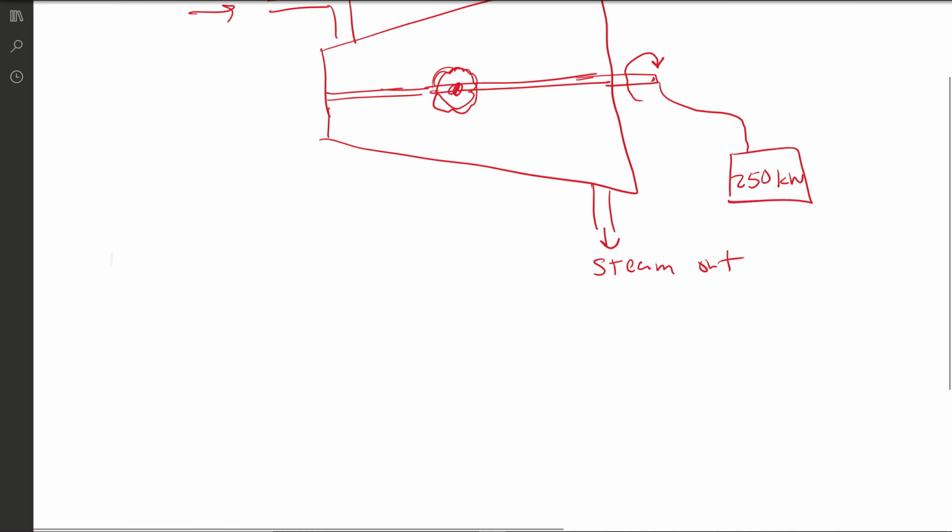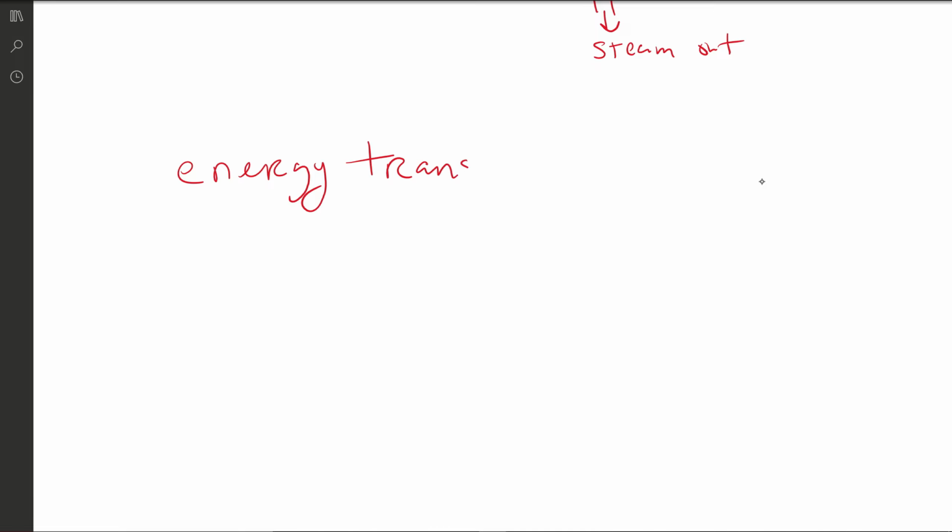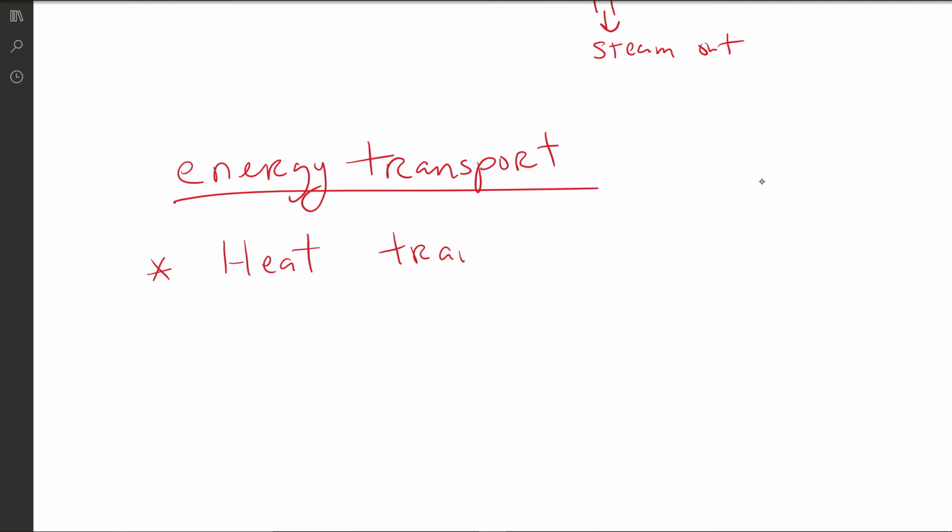All right, so showing this, let's look at the three general ways of energy transport. The first way is by heat transfer.